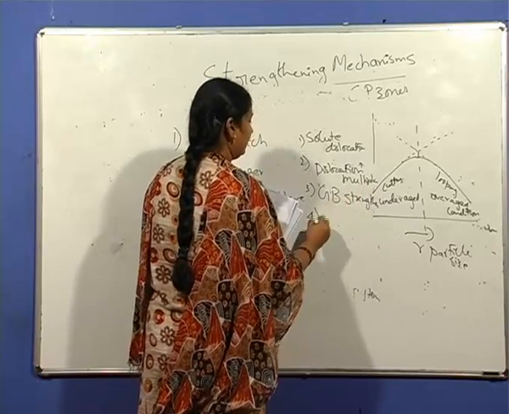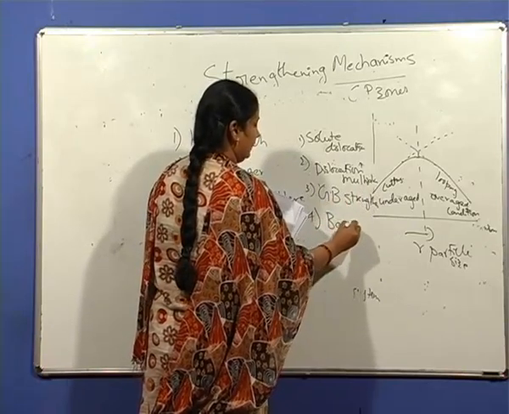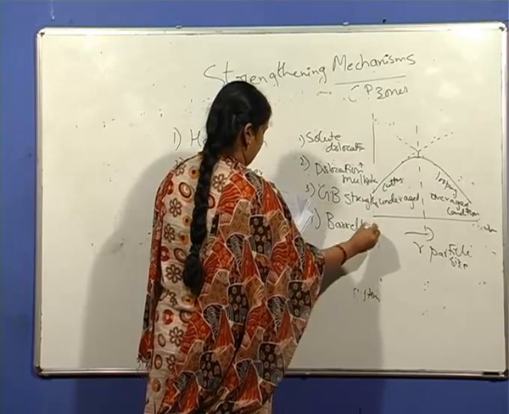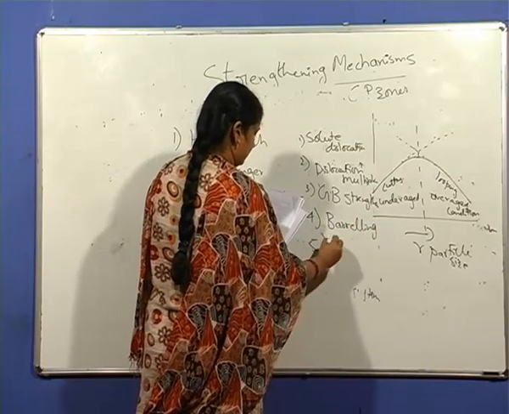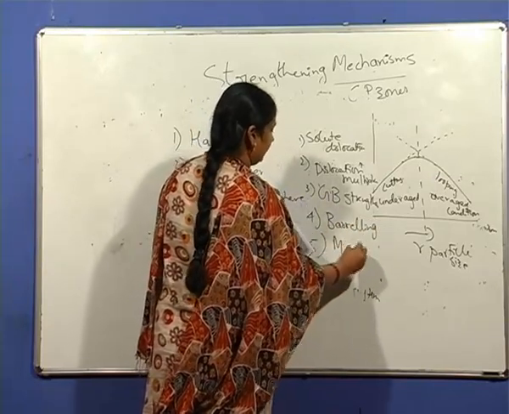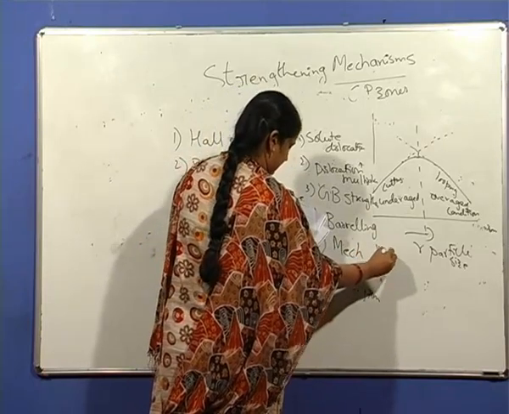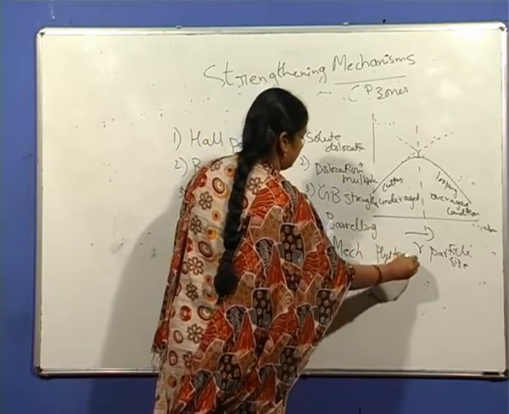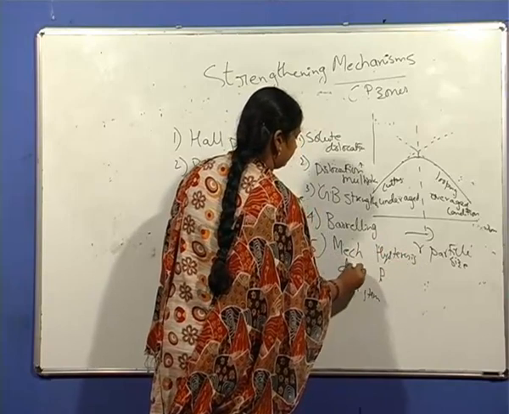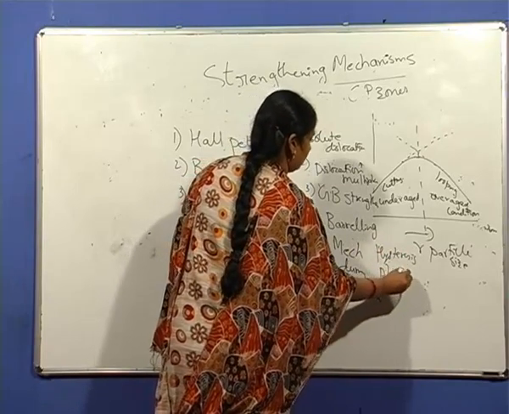Fourth, barreling, which comes under compression. And fifth is mechanical hysteresis during plasticity. So these are the options given.